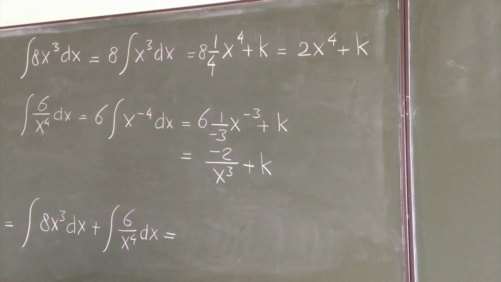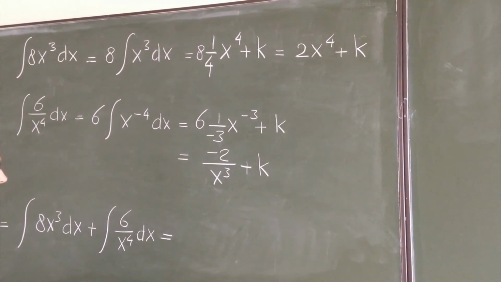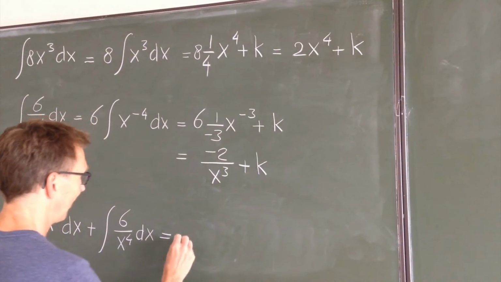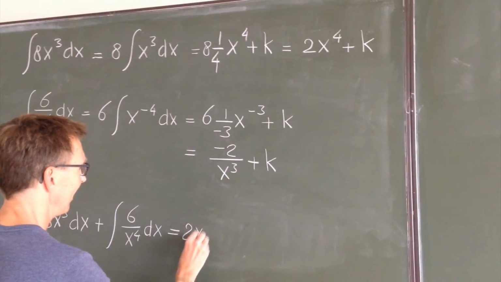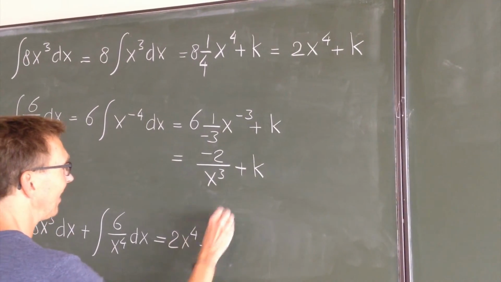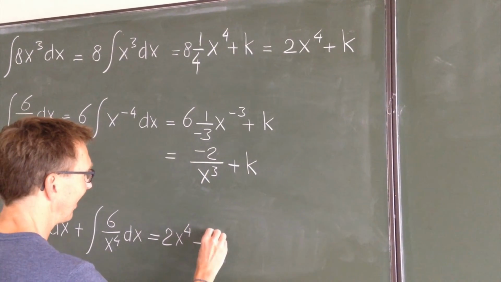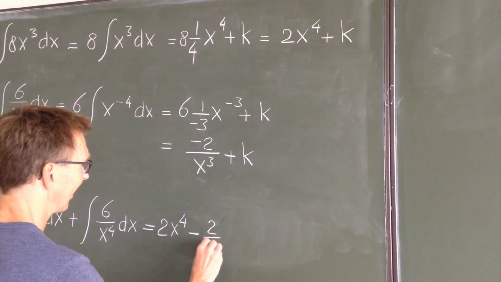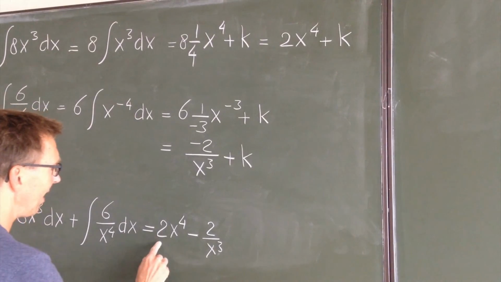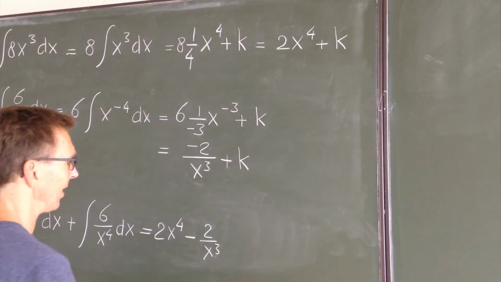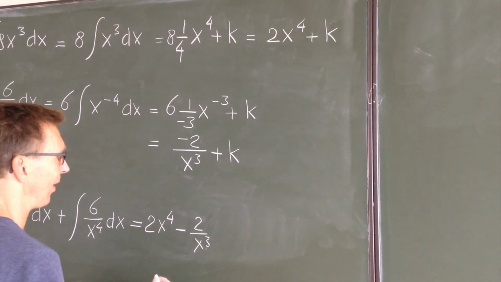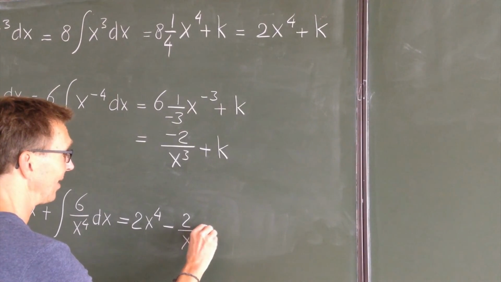You probably recognize these integrals from the previous examples. The first one gave 2x to the power 4 and the second minus 2 over x to the power 3. Both integrals require a constant that you may sum up to 1. Quite originally, you may call this constant k.